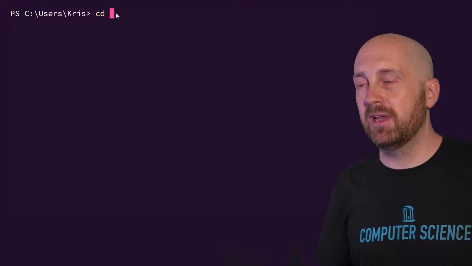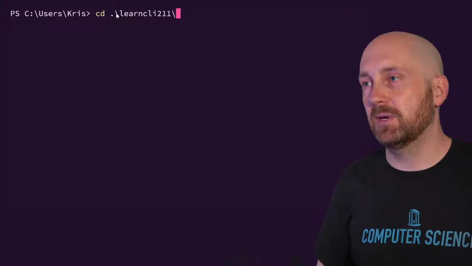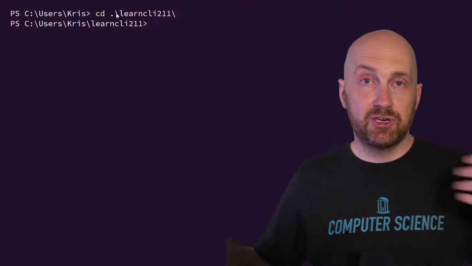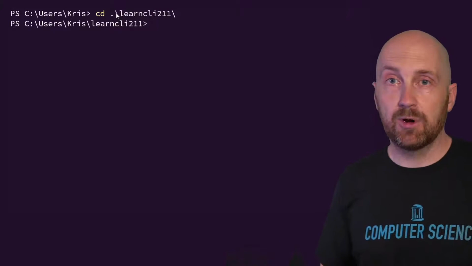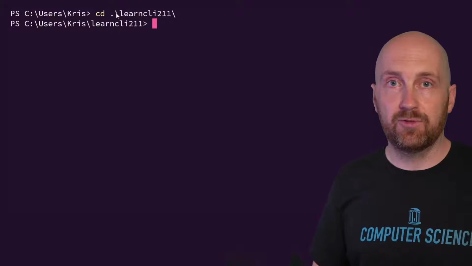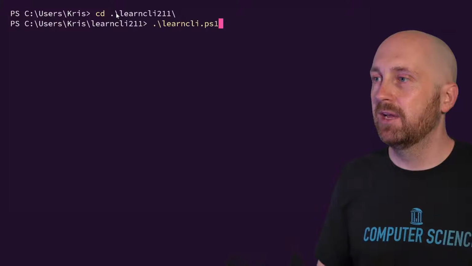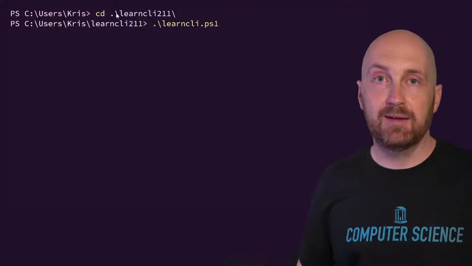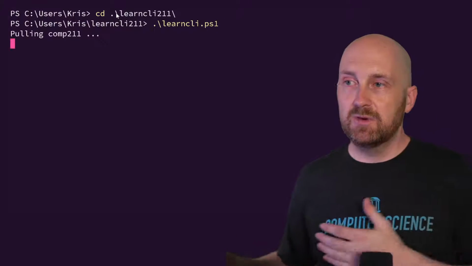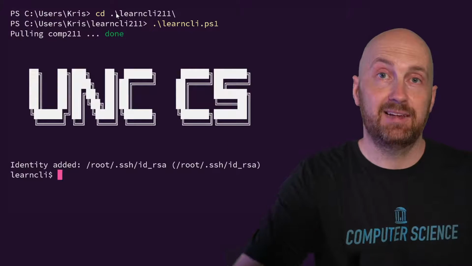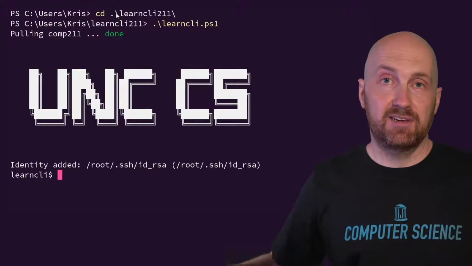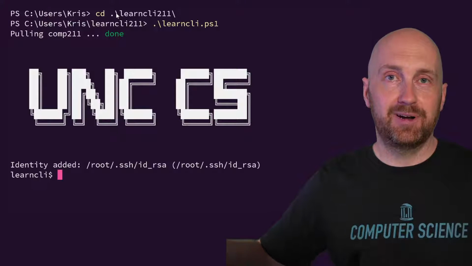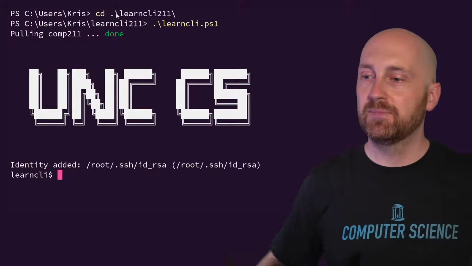And so we cloned a repository named Learn CLI to 11. When you change your directory into that directory, we're now working in the directory for this project, this repository. And so if I run the script to begin my container, what this is doing is beginning a process in that virtual machine that is protected from everything else so that we're not worried about messing something up on our host machine.